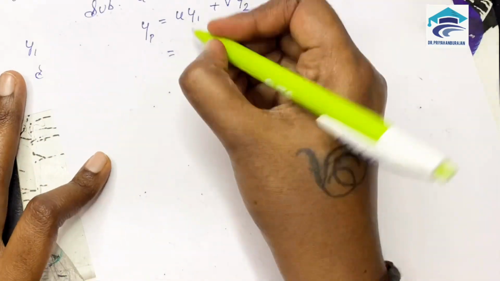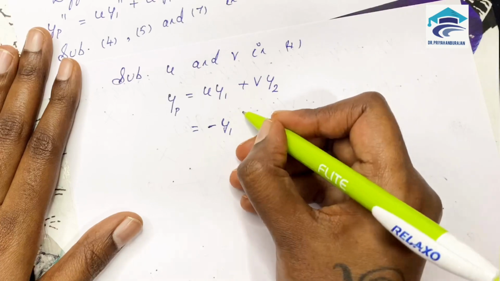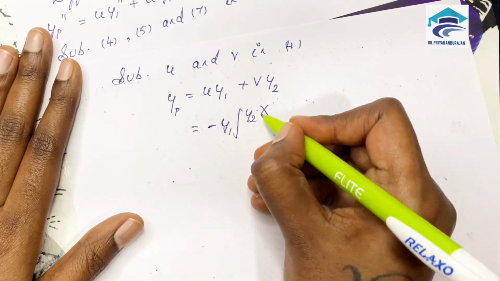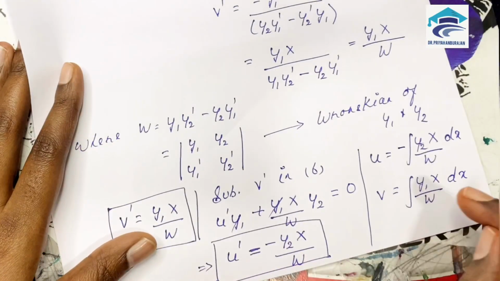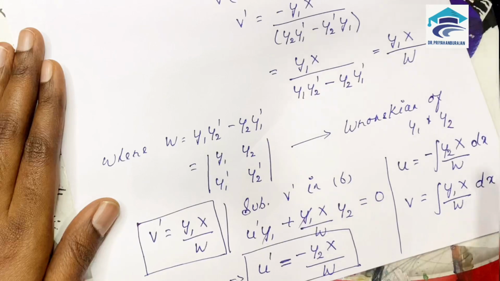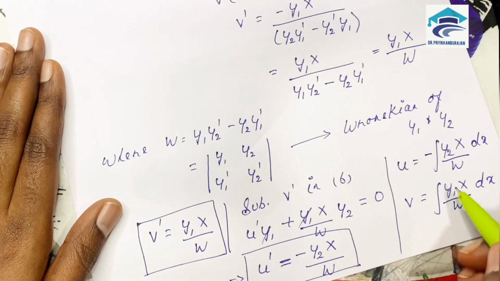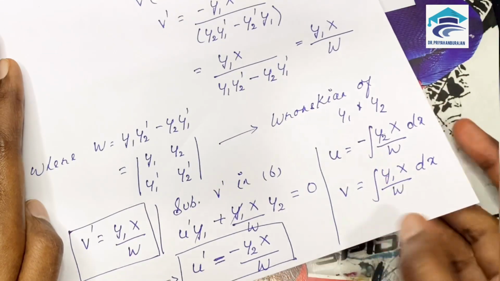That is minus y1 integration of y2x by w into dx. Okay. Now my v is equal to integration of y1x by w. Let me substitute my v here.